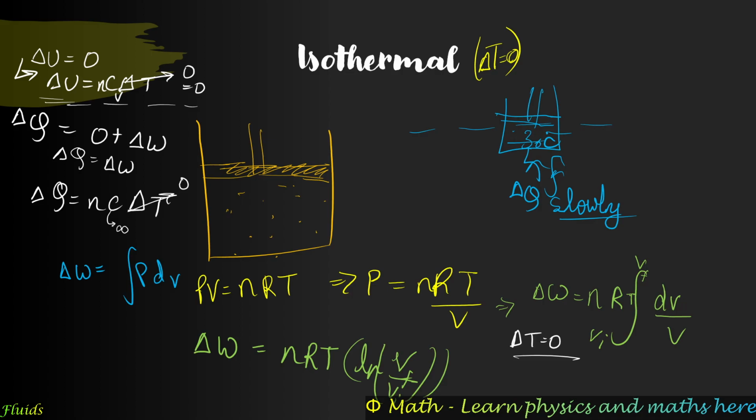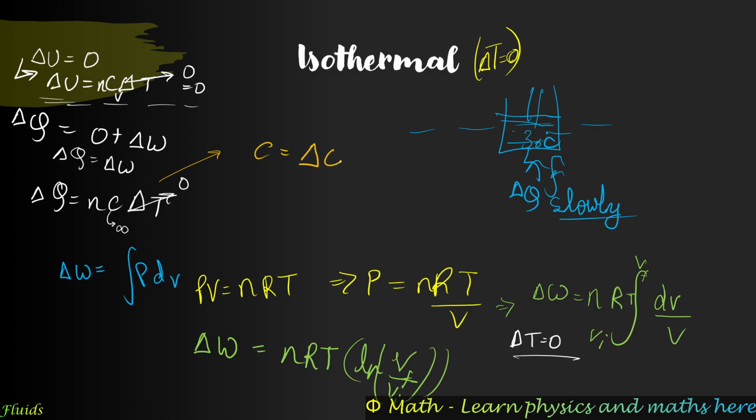Let me just erase this container for space. We know from this equation that C is equal to delta Q over n times 0, and anything over 0 is equal to infinity.